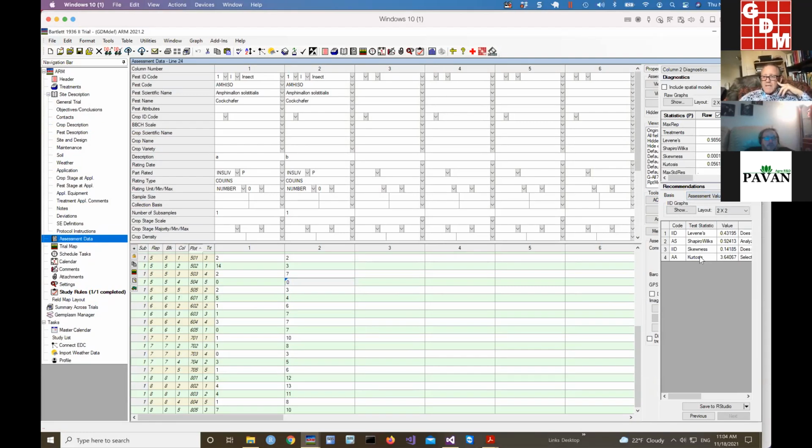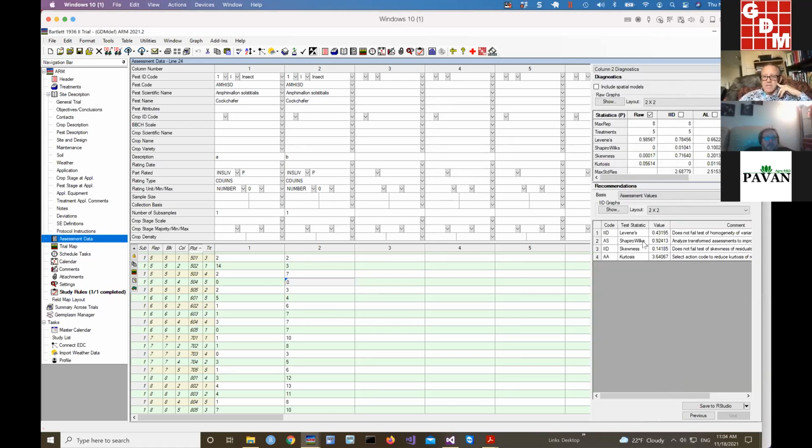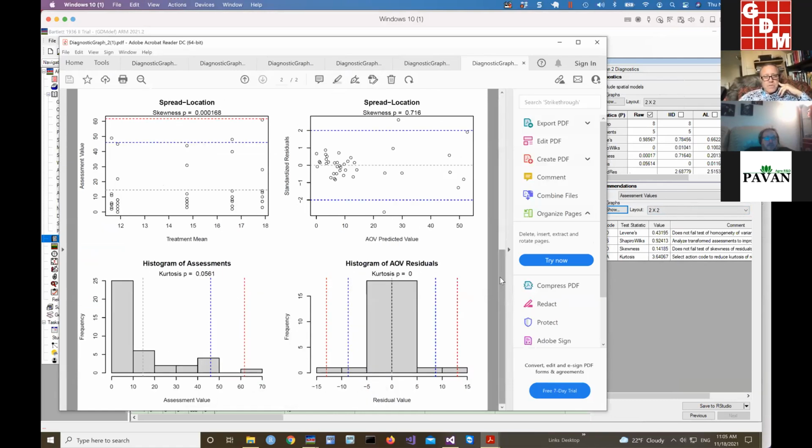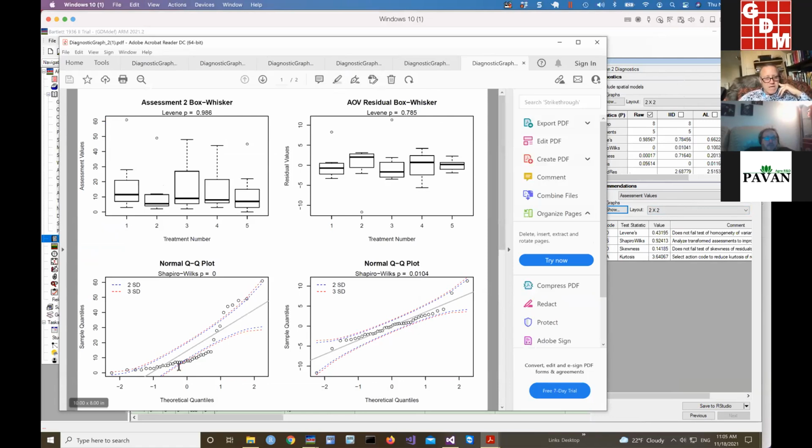Where you might get inconsistent recommendations for the best transformation for your data. In this case, the square root transformation best corrects the Shapiro-Wilk. So the Shapiro-Wilk is a general test of normality based on the QQ normal plot.